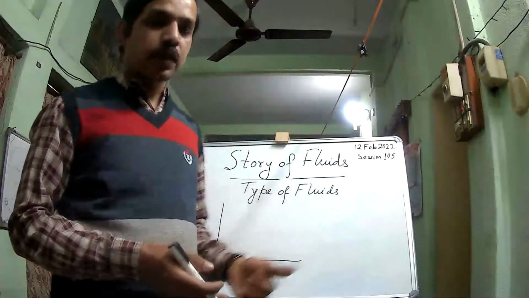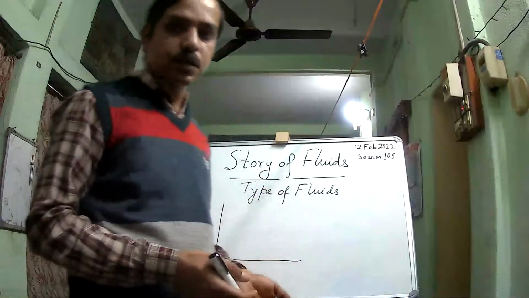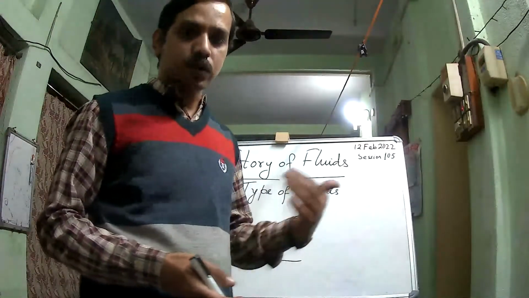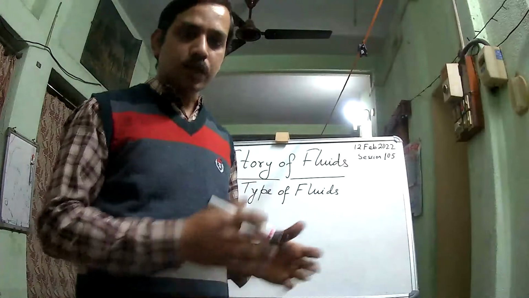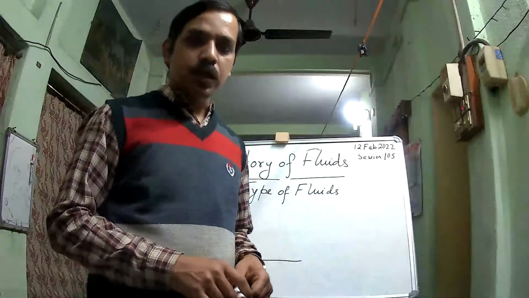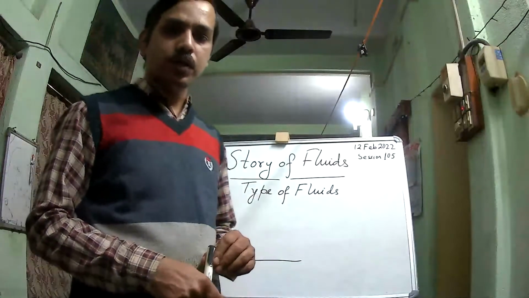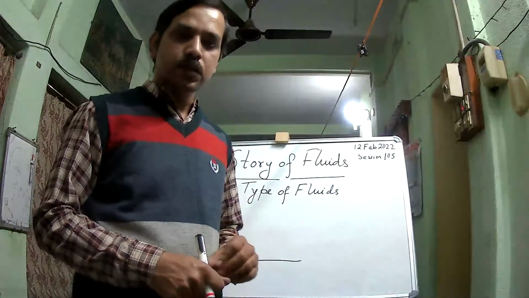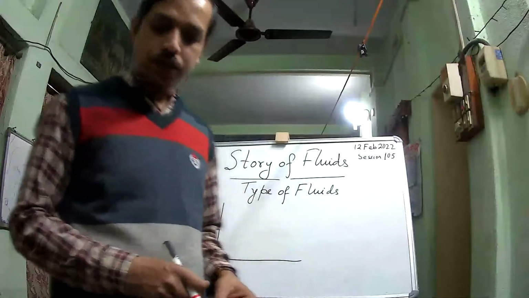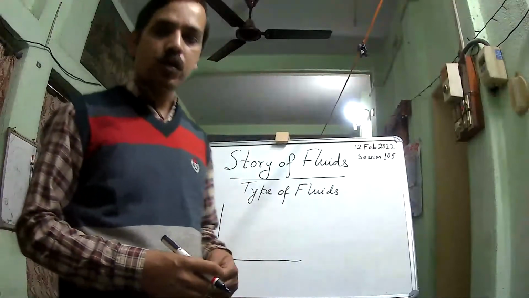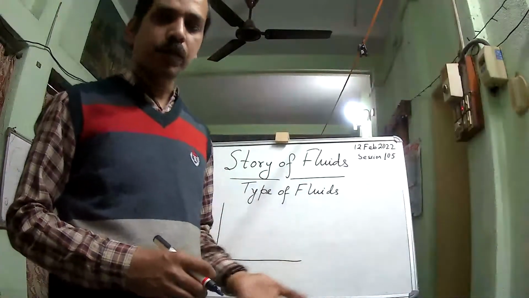But that is a physical difference, based on the density and other physical properties. We also divide the fluids in terms of dilatation. Based on that, we have Newtonian fluid, non-Newtonian fluid, and plastic fluids.